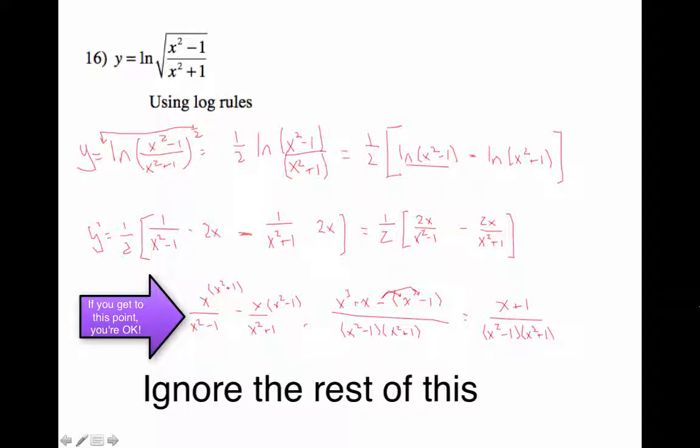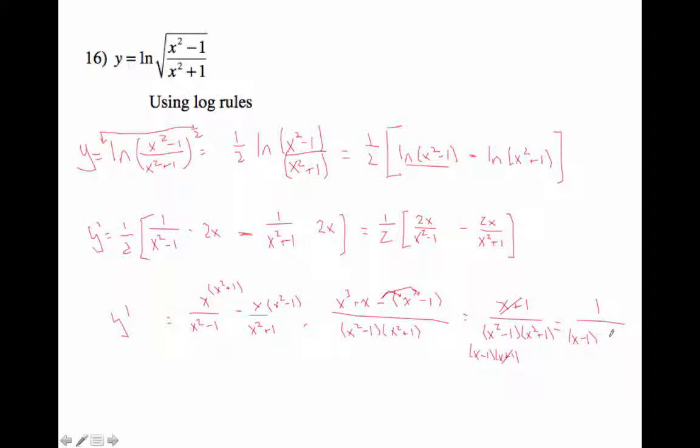Okay? So there you have it. We actually could simplify a little more, because remember, x squared minus 1 is a difference of perfect squares. So I believe the complete, simplified final answer is going to be 2x over x minus 1, x plus 1, x squared plus 1. Okay, that's going to be the derivative of that.